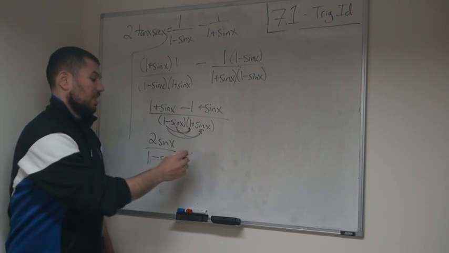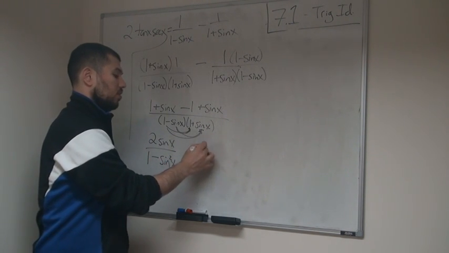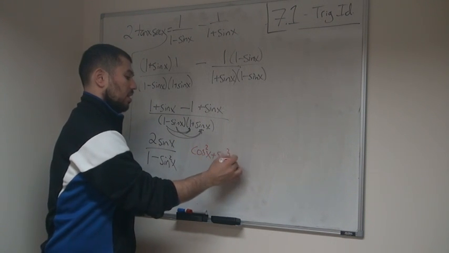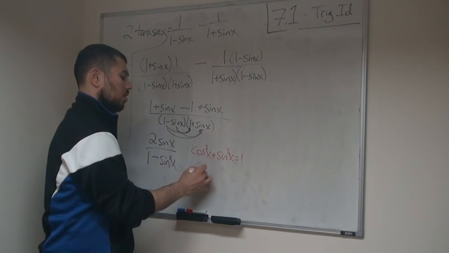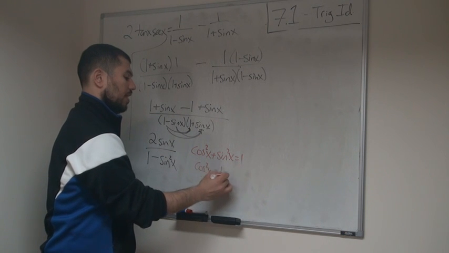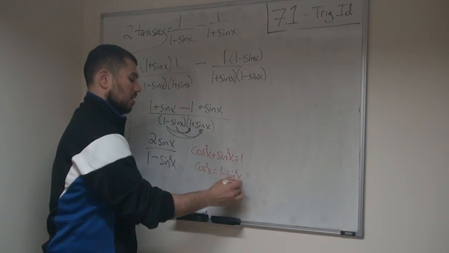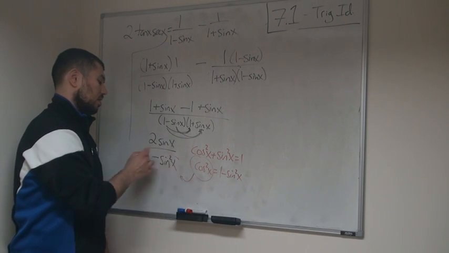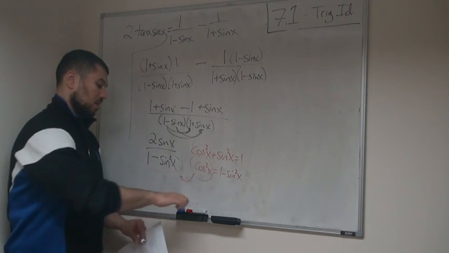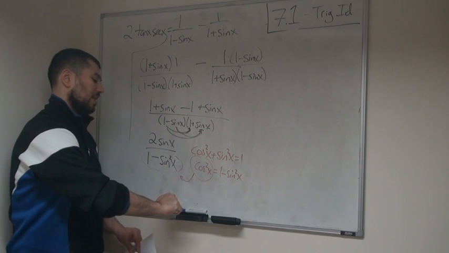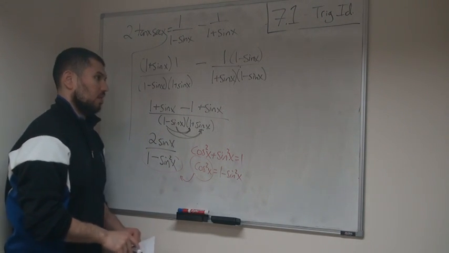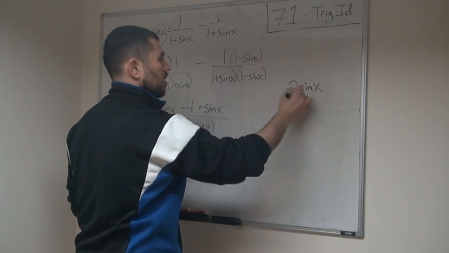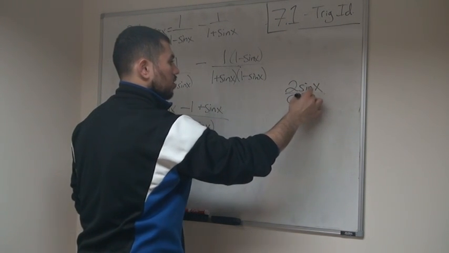But 1 minus sine squared x, I know that cosine squared x plus sine squared x equals 1, and cosine squared x is 1 minus sine squared x. So let me convert 1 minus sine squared x to cosine squared x. That gives me a 2 sine x over cosine squared x.